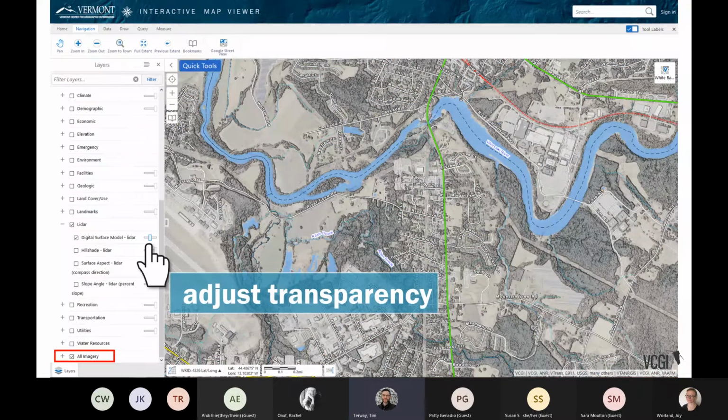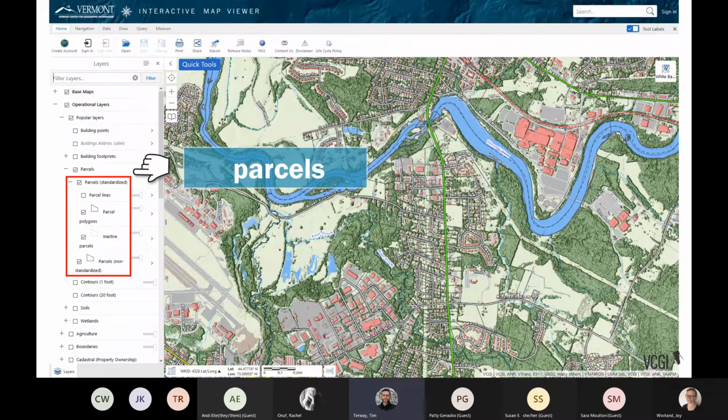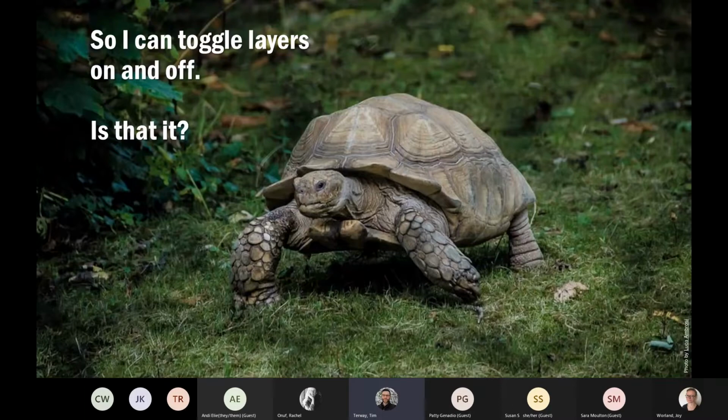Change the transparency of those layers with the little sliders available on a per item basis to make them transparent to see things underneath. You can then turn on layers on top of them, like the land cover that I mentioned, turn on parcels, and boom, you've got effectively a base map for throughout the state that's showing the elevation and the land cover and the parcels everywhere in the state through the tool.